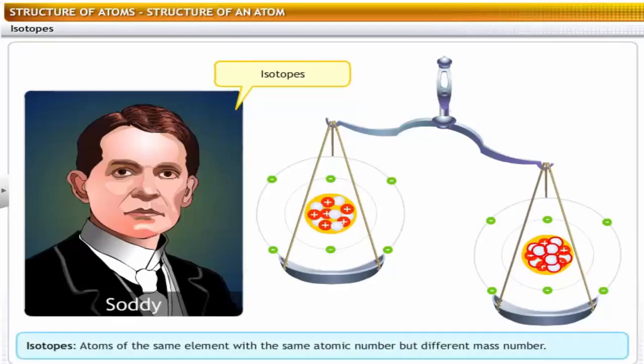Thus, isotopes are atoms of the same element with the same atomic number but a different atomic mass. The valency of isotopes is the same. Isotopes of the same element differ in their physical properties.